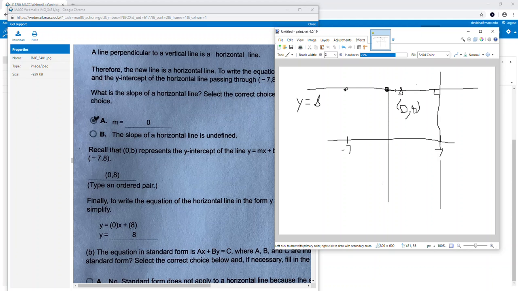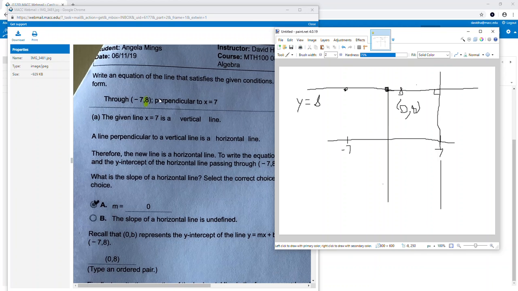If it's a horizontal line, it's y equals, and specifically y equals whatever the y part of your point is. Now, if you've got a vertical line up and down, it'll be x equals, specifically x equals the x part of your point. But again, you have to take into account the condition they give you here, and by graphing it, you see which one you're dealing with.